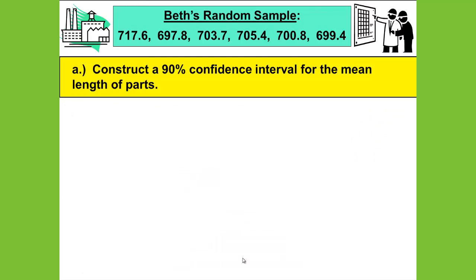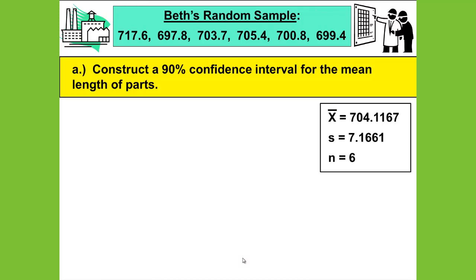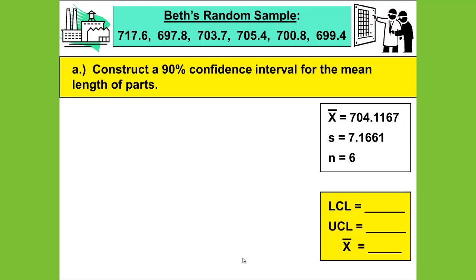So to construct our 90% confidence interval for the mean, we have our x bar, or our sample mean, our sample standard deviation s, and our sample size. And we will want to find the lower confidence limit and the upper confidence limit, as well as our sample mean, which we have.